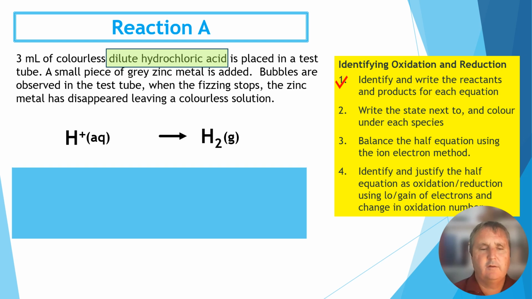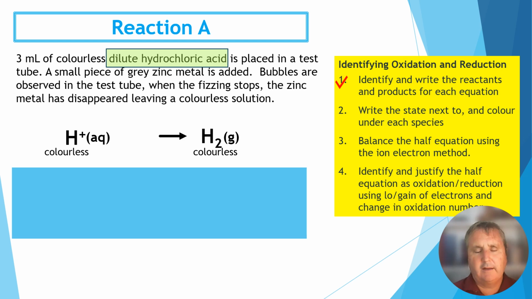The second thing is, what were the colours of these? For dilute acid, or H+, the original solution was colourless, so this must be colourless. And the bubbles of H2 gas were also colourless. So we've identified the state of each of these two, and we've identified the colours of them.